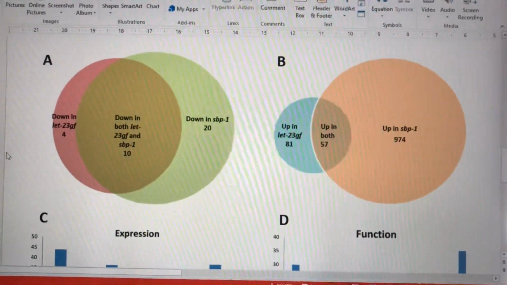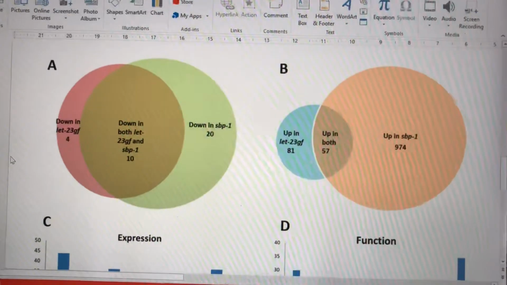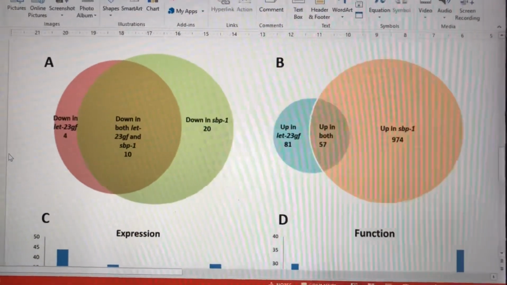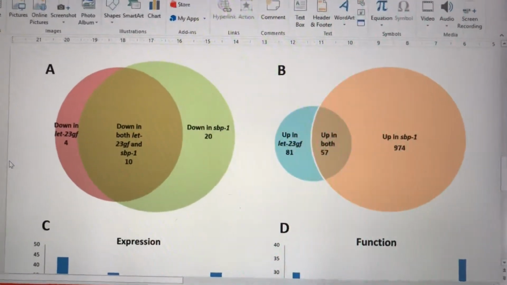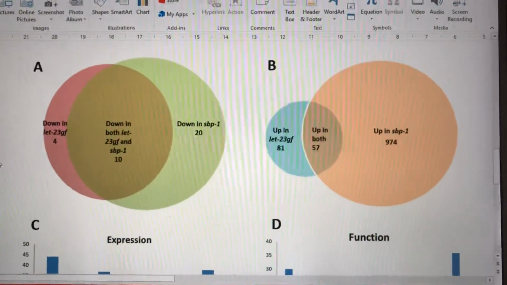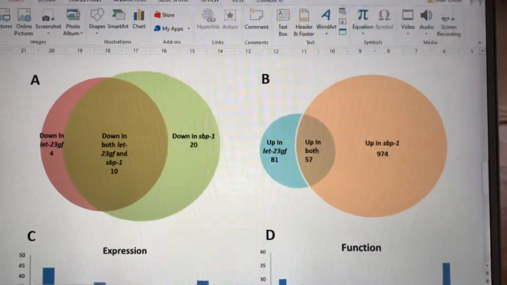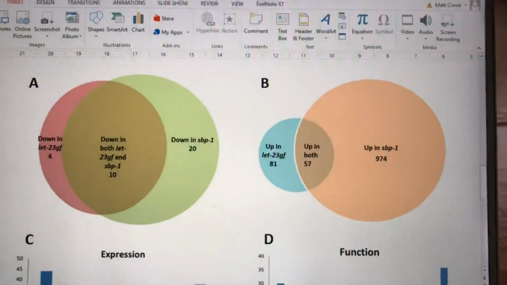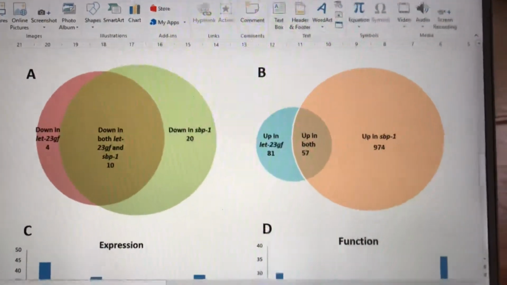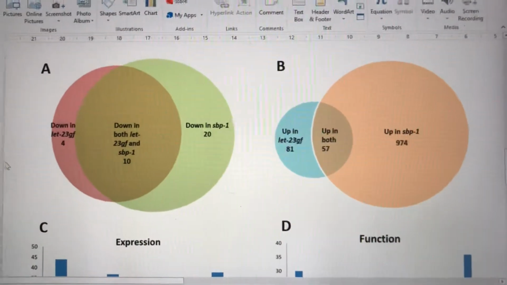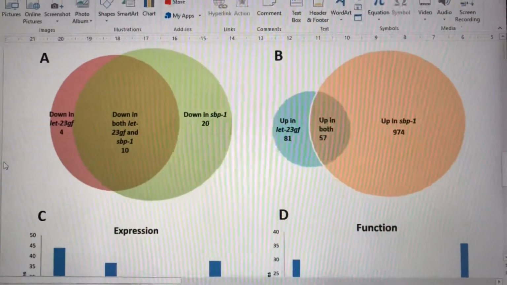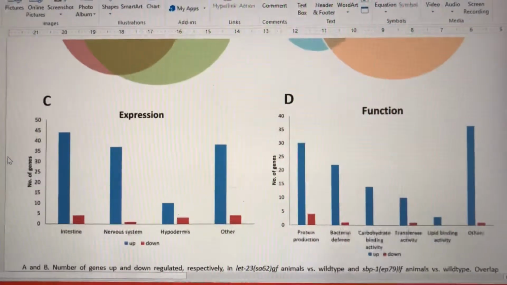And that's what we see. We see a pretty big overlap in downregulated genes and a smaller but still fairly chunky overlap in upregulated genes. Interesting as well, there are much fewer genes differentially regulated in LET-23 gain of function versus SBP1 loss of function, right?